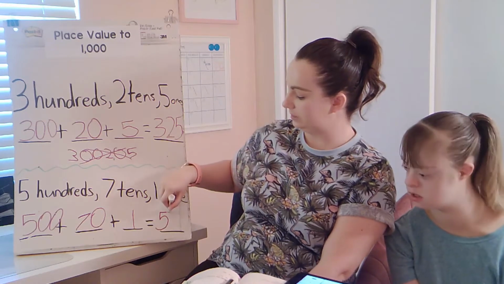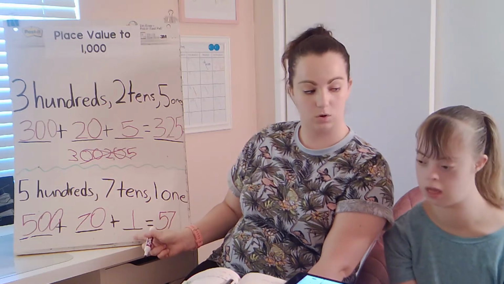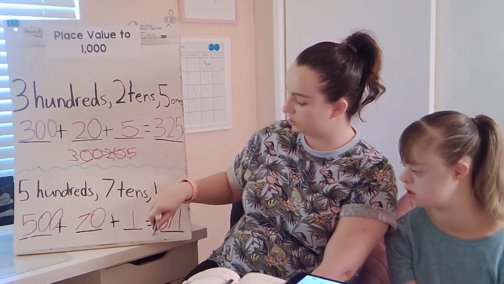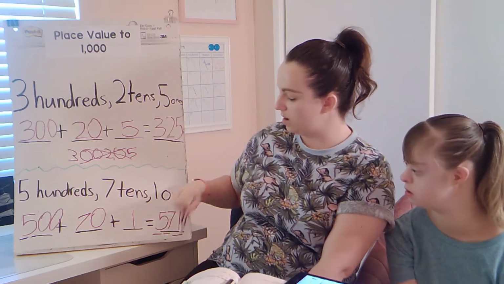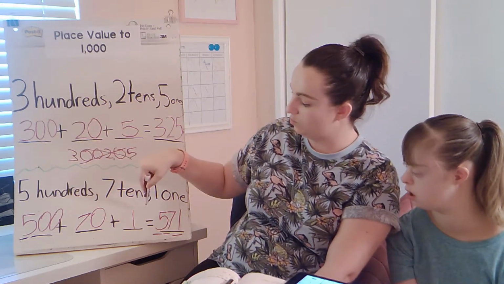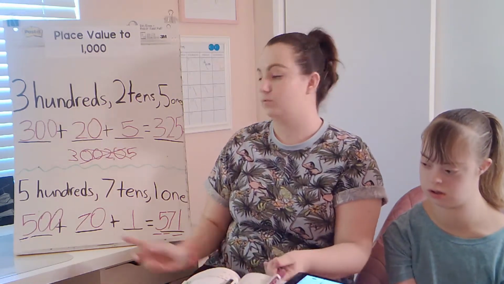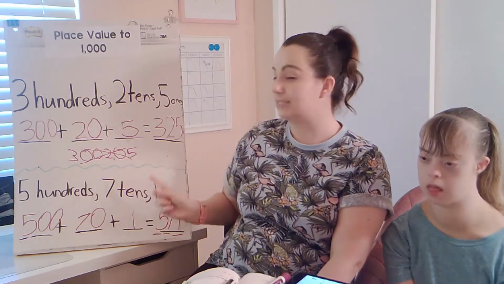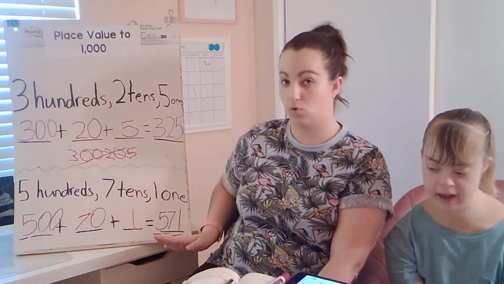So I'm going to write 70. And how many ones? 1. Good. I put 5 in the 100 spot, 7 in the 10 spot, and 1 in the 1 spot to make the number 571. Okay. Nice job. We read what number they gave us. 500s, 7 tens, 1 one. We wrote it in expanded form.